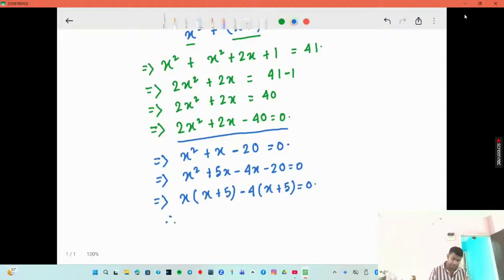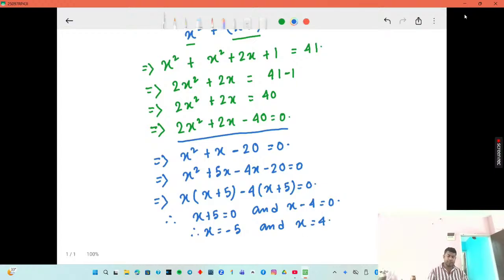So x plus 5 is equal to 0 and x minus 4 is equal to 0. Therefore, x is equal to minus 5 and x is equal to 4. So, therefore, what are the integers? The integers are minus 5 and 4. Is it clear?